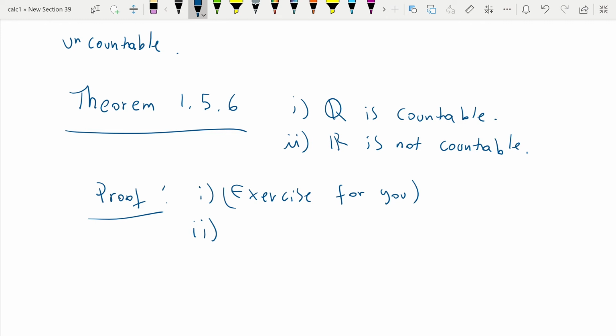Okay, so suppose we were able to count the elements in R. So we can enumerate them, right?